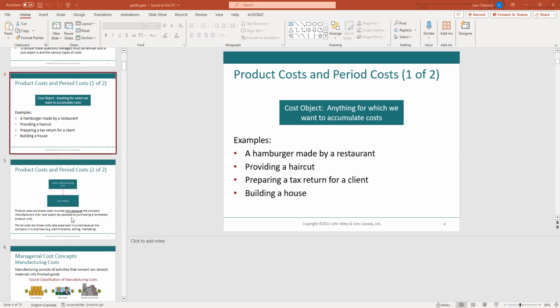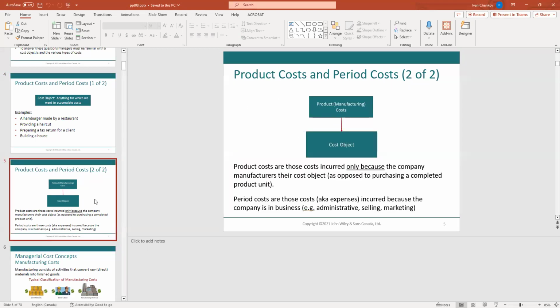Now, the first cost object that we're going to talk about today is the product. We're going to divide the cost into product cost and period cost. Product cost will be everything that is related to the product that we generate in our process of business. Period cost we're going to talk about a little bit later. So we have the product cost, where the object is the product.